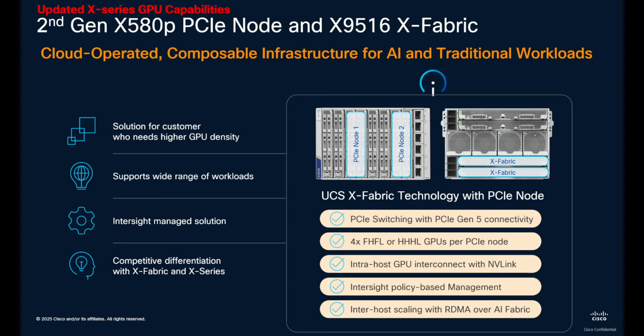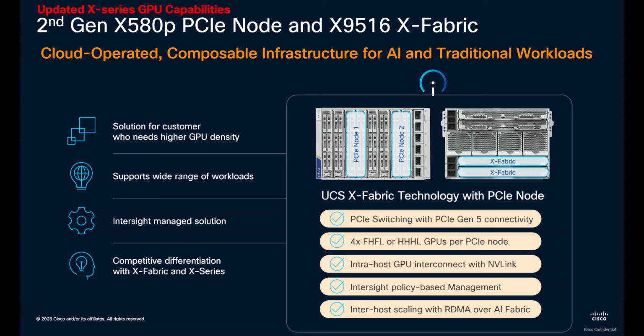The X440P and XFM 1.0 were based on underlying PCIe Generation 4 technology. Conversely, the X580P and XFM 2.0 are based on PCIe Generation 5, which means they're faster, right? So that's one primary difference between the older hardware and the newer hardware.